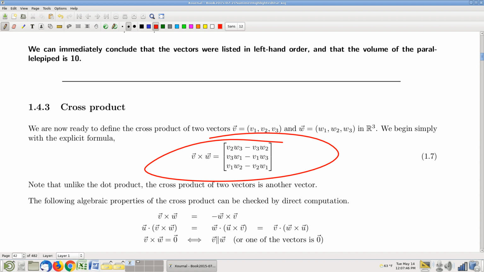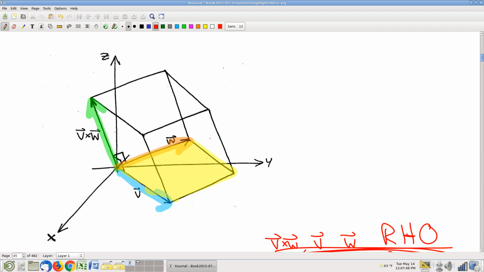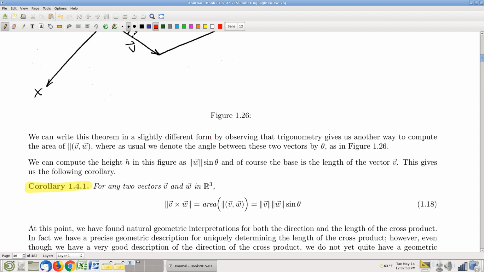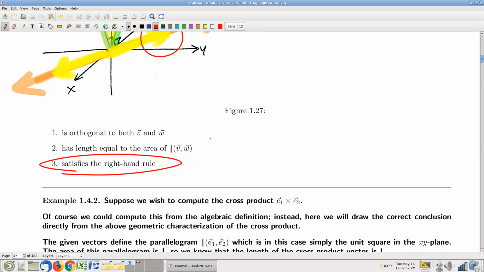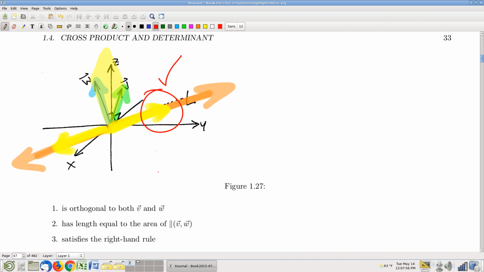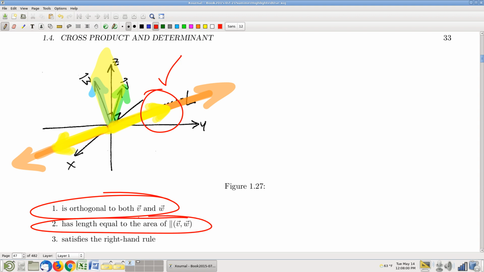And notice that what we now have is a completely geometric characterization of the cross product. The cross product is the unique vector that's perpendicular to both of the inputs. Its length is the area of the parallelogram, and it satisfies the right-hand rule. This is a purely geometric characterization of the cross product. That's what makes the cross product interesting, that it is unavoidably geometric.